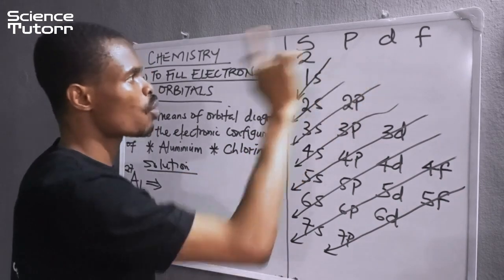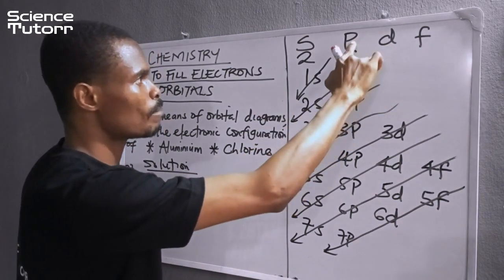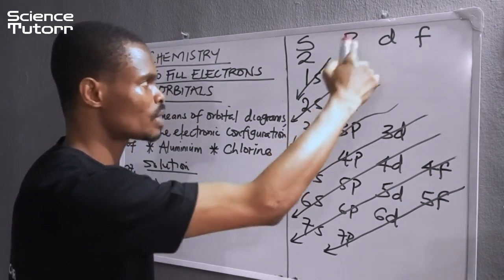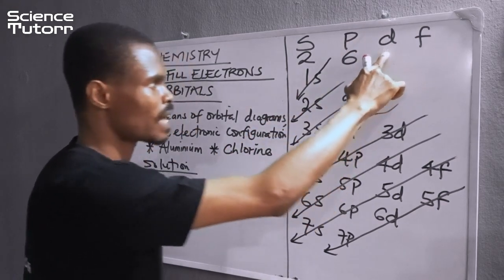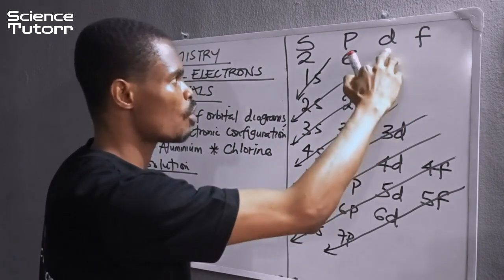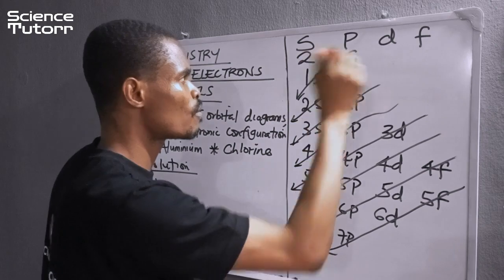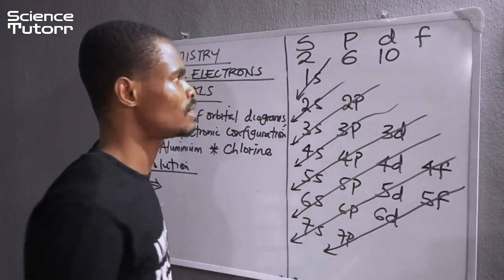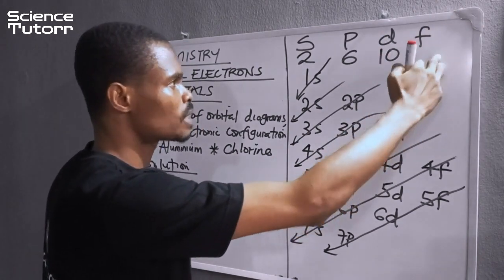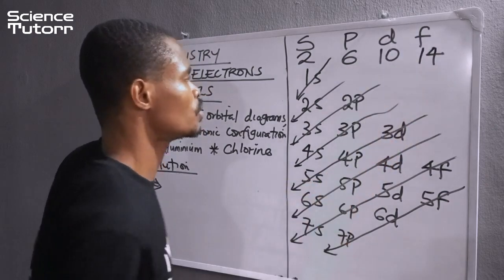The p orbital holds a maximum of 6 electrons and has a dumbbell shape or a marked unidirectional character. The d orbital is more like a double dumbbell shape, of a complex nature, and holds a maximum of 10 electrons. Then F is a more complex orbital which holds a maximum of 14 electrons.